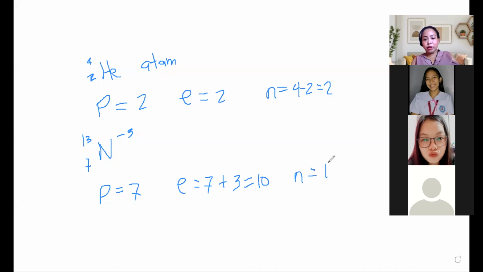We have 13 minus 7, 6. So this particle is an example of an ion, and at the same time, it is also an isotope.